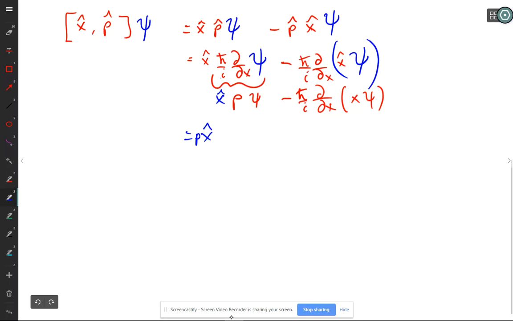I can move the P past the X operator here. P X operator psi is the same as X operator acting on P psi. And there I did the product rule on the other side, or the second term.